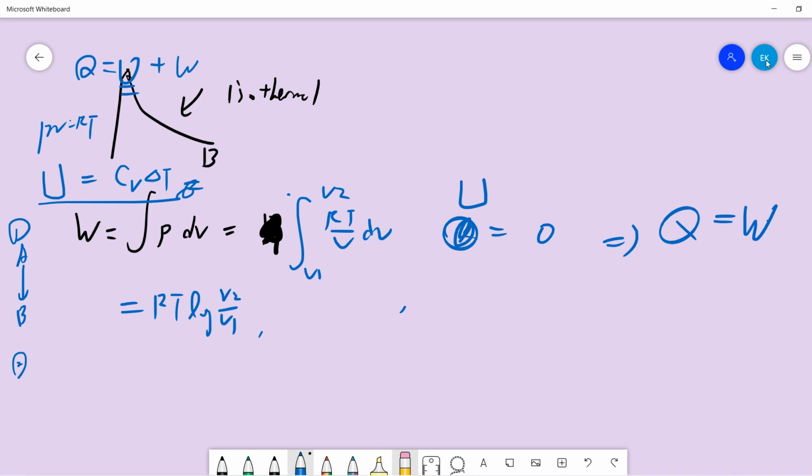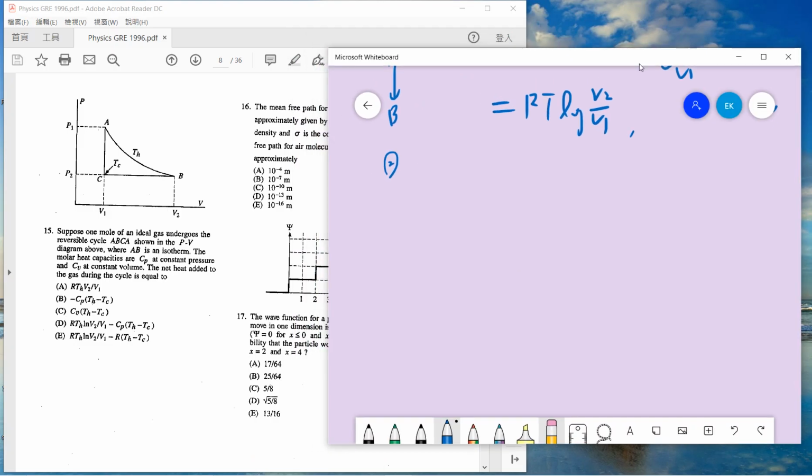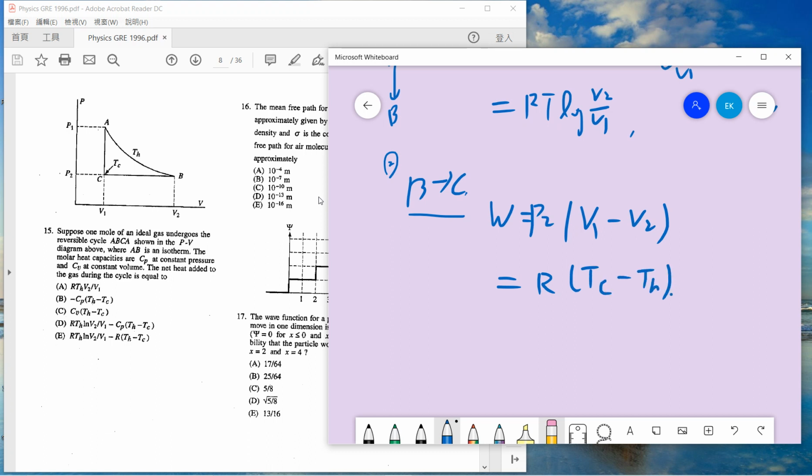Okay, then the second process. How about we choose BC? BC is difficult, right? Because we have constant pressure, the work is P times (V1 minus V2), basically R times (Tc minus Th). And then the internal energy is just from the temperature difference, C_V (Th minus Tc).